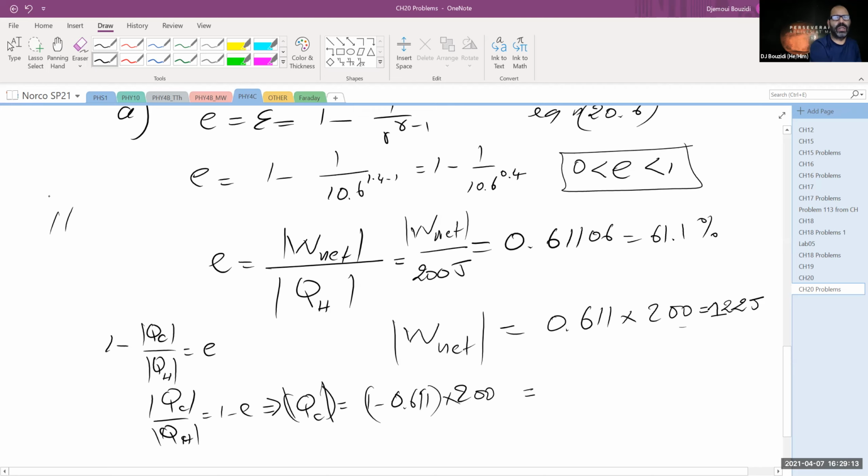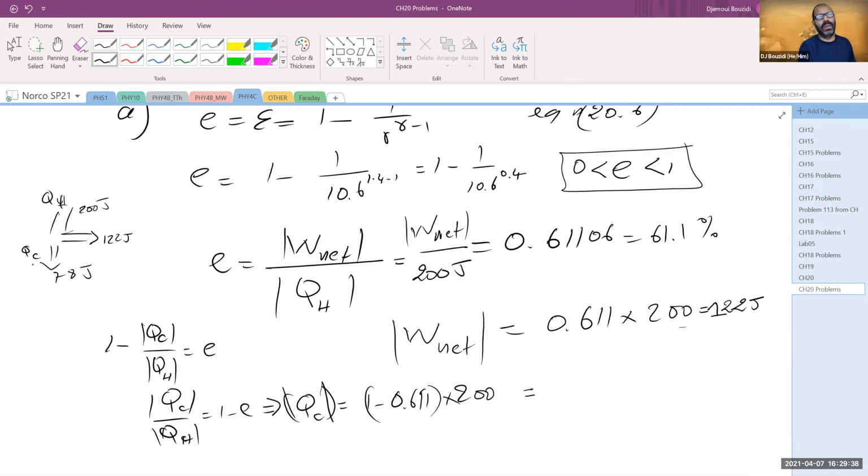Because here is how the engine is. It takes Q hot, does this work, and dumps the excess energy into the outside. So it took 200 joules. It did work of 122 joules. So the difference, which is 78 joules, has gone to the outside. So if QC is ever asked, that's how much it should be. And this is by the first law of thermodynamics. That's what I'm using in here. Conservation of energy. Okay.